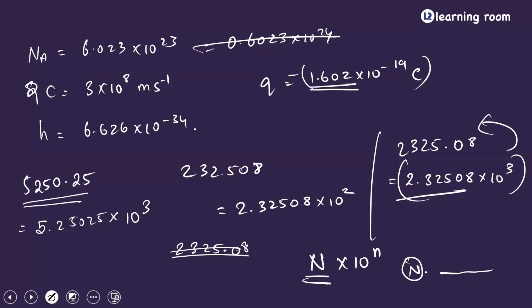C, velocity of light, 3 into 10 to the power of 8. So generally C is a symbol that we use frequently in chemistry, and I think in physics also, to denote the velocity of light. And below that, h is called Planck's constant. In your second chapter, you will study what it is. Clear? Okay. Shall we go to the next part?